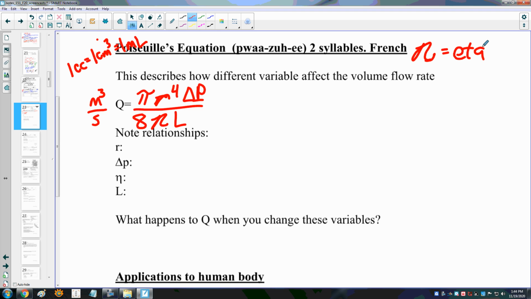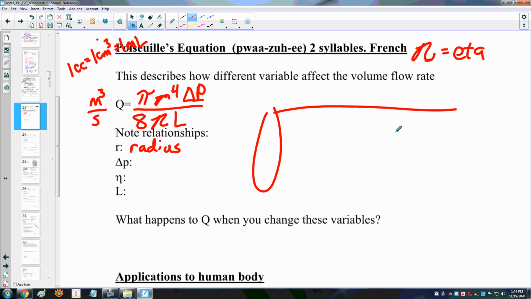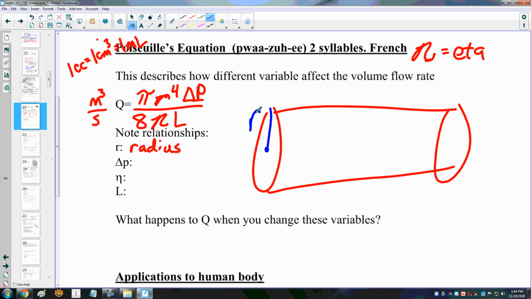Anyway, these variables, R is the radius. So if I have a pipe that looks like this, R is the radius of that pipe. Delta P, this should be a capital P, I'm sorry. Delta P is a pressure differential.